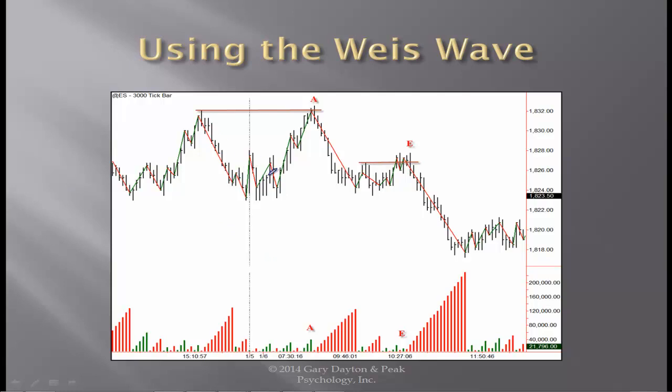I'm not going to go into details about how it's constructed at this point, but it's tracking the waves. So you can see a down wave here, and also the volume on that wave. It's adding up the volume. Well, we can see that there is very light volume on this rally up to A, and we saw that on the bar chart too.